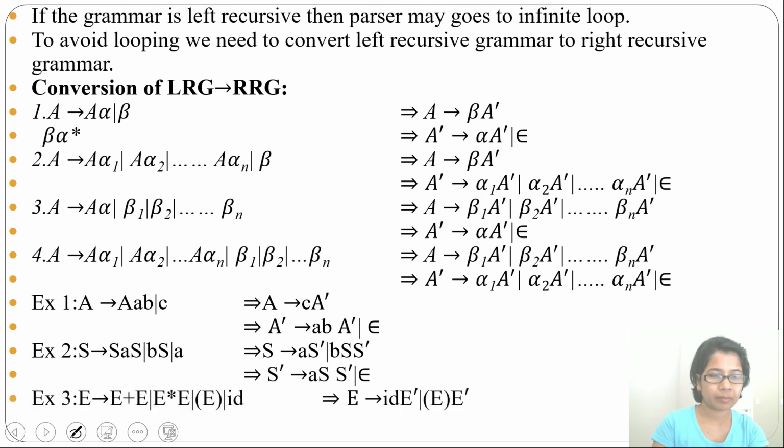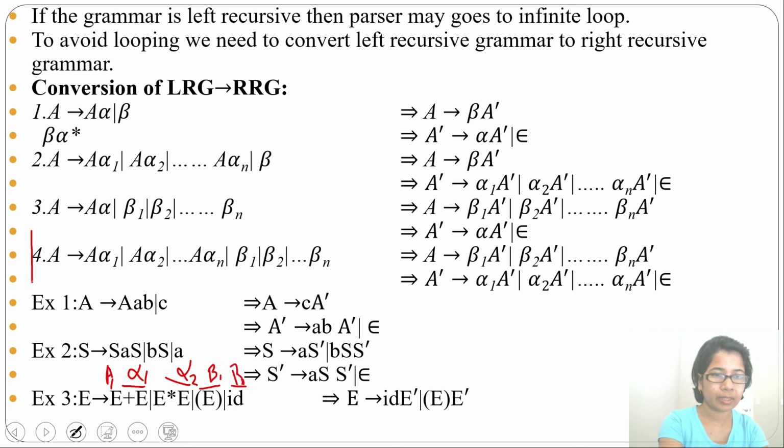Let's see another example. From E you can derive E plus E, E multiplication E, then bracket E, and ID. Now just find what is alpha and what is beta. So here this E is for A, this plus E is for alpha, this multiplication E is for alpha, this is alpha 1, this is alpha 2, then this is for beta 1, this ID is for beta 2.